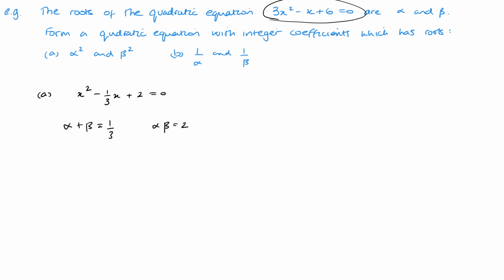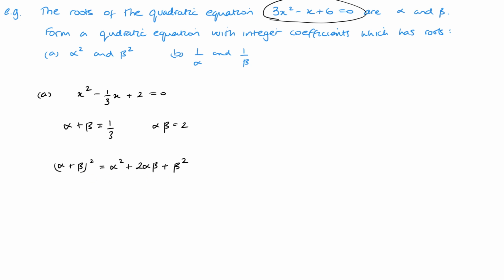Now we need alpha squared plus beta squared. To get alpha squared plus beta squared, we need to think about some expanding of brackets. If I take alpha plus beta all squared and expand this, I'd have alpha squared plus 2 alpha beta plus beta squared.